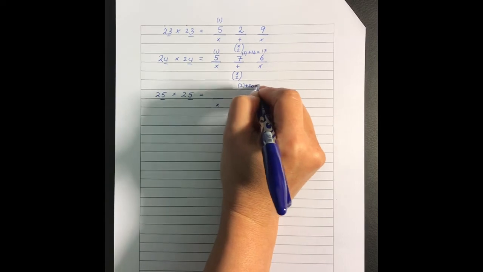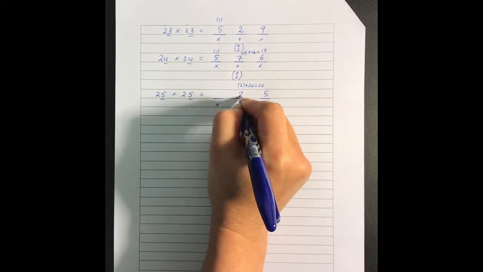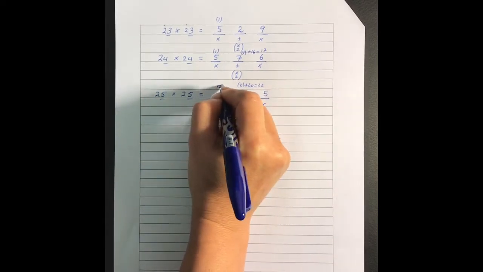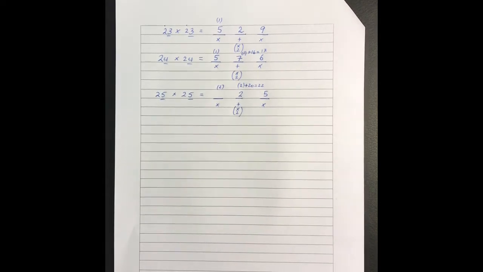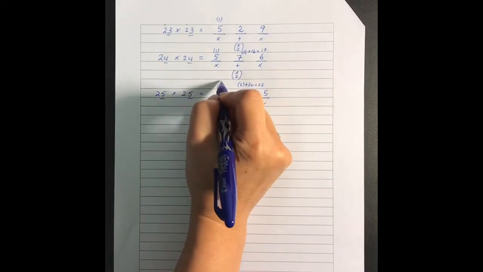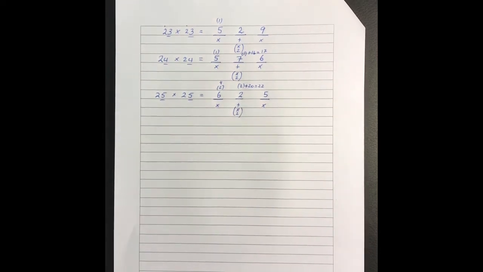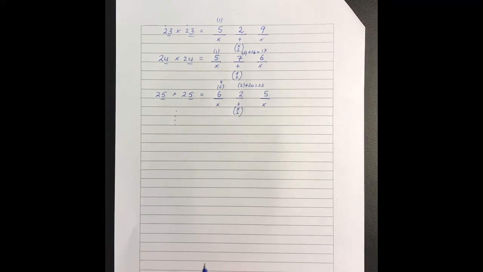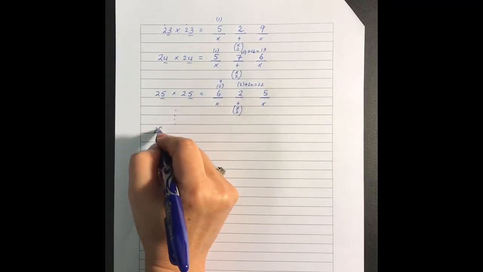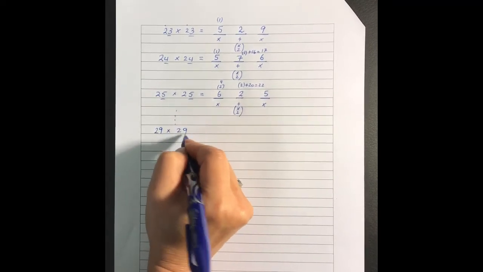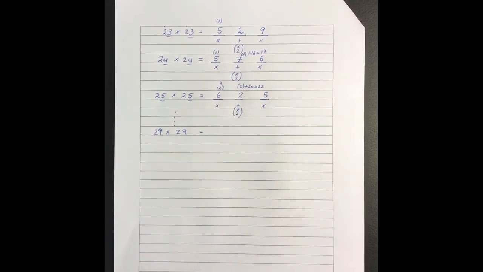Plus 2, so it's a 22. So it's going to be 2 down, 2 up. And then 2 times 2 is 4. So 4 plus 2 is 6. There you go, 625. You might say, Miss Yan, I think I can handle from here on. I think you can. So let's check before we go into the next.